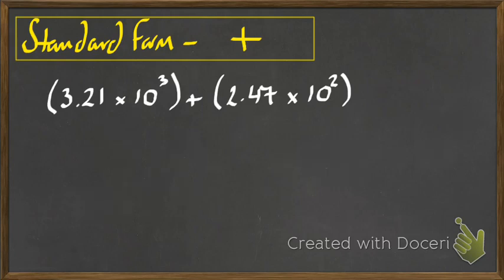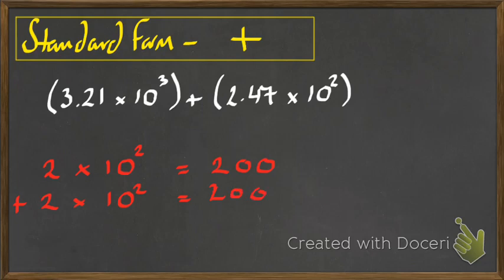But there is another way of doing this, which is, instead of having to do all that conversion, I don't have to do the conversion, but it does need a slight manipulation. But here's the thought behind it. This is an idea that we're going to take into this problem. If I have 2 times 10 squared, which is in standard form, which is 2 times 100, I know that that is 200. If I add 2 times 10 squared, which I know is another 100, then I get 400.